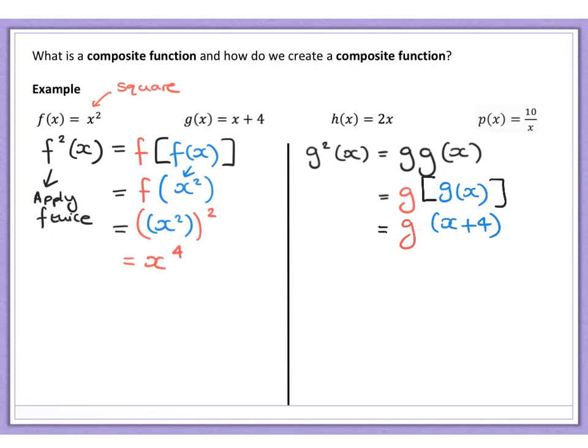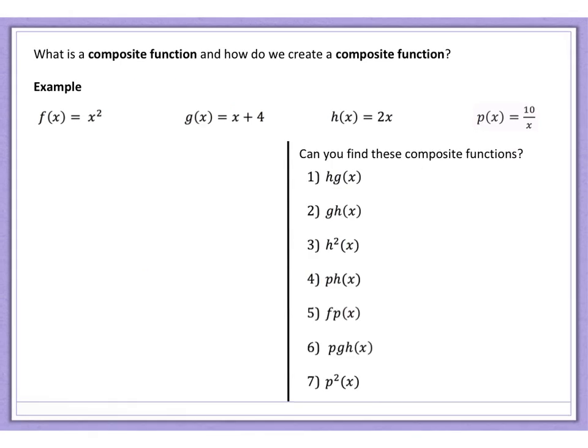And then let's remind ourselves of what the function g of x tells us to do. It simply says add 4 to your input. So if your input is now x plus 4, if we apply g to it, all we're doing is adding another 4. So we're replacing the x in g of x with an x plus 4. And that gives us an answer of x plus 8.